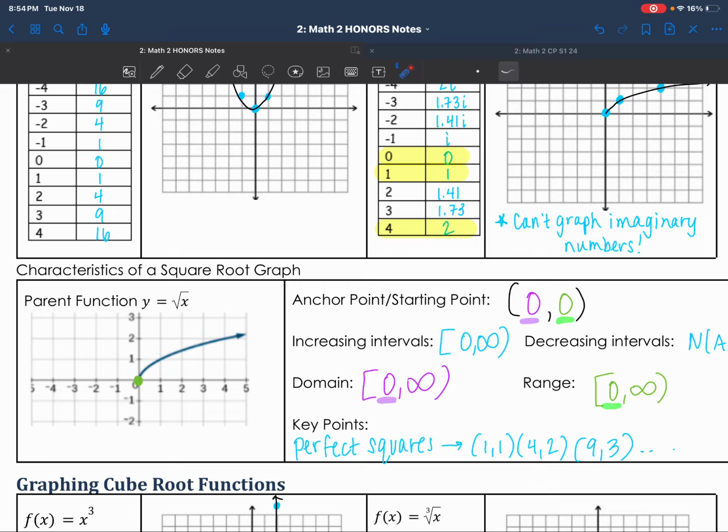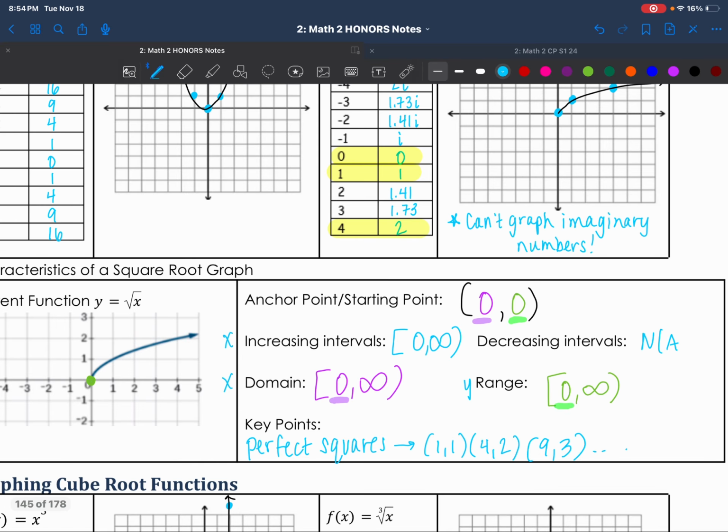So you're looking at your x value for this one. For the domain, you're also looking at your x value, so again, it goes from 0 to infinity. Then for range, you're going to look at your y value. First off, oops, I skipped this one: the decreasing interval.